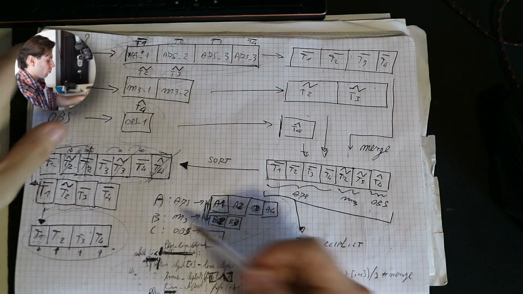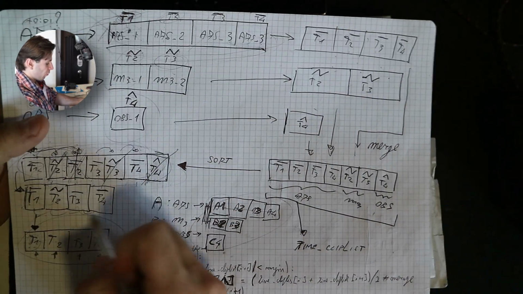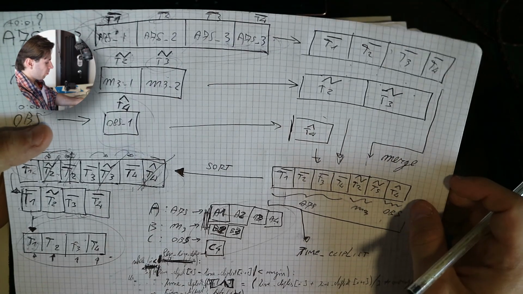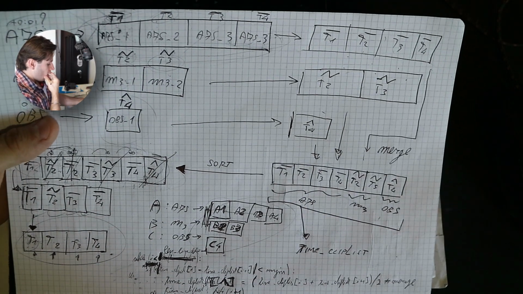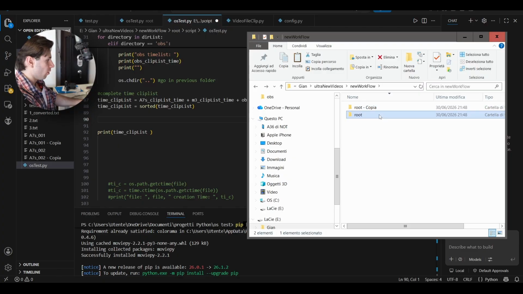Okay, I have sketched a little script. I don't know if it is going to work. This is just a simple idea to give life to this little algorithm. I've also created another copy of my real root folder. This one is the real root folder of this complete video.